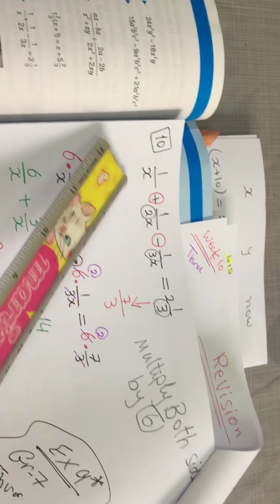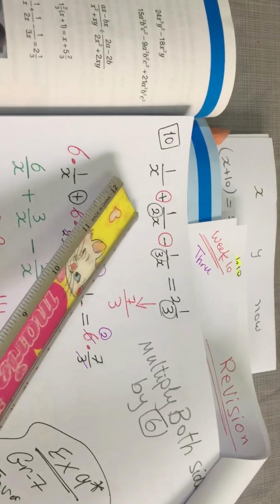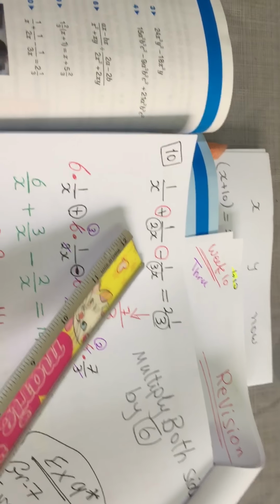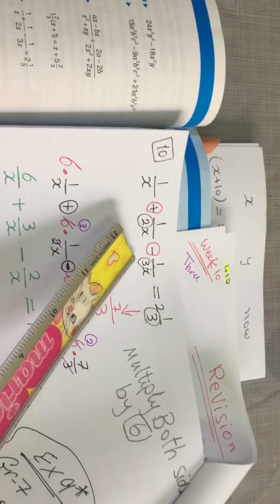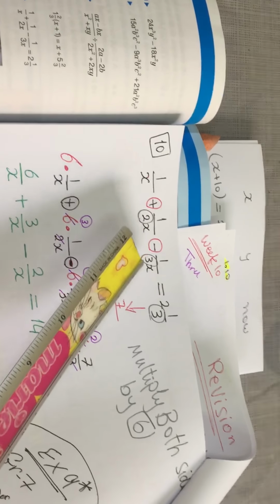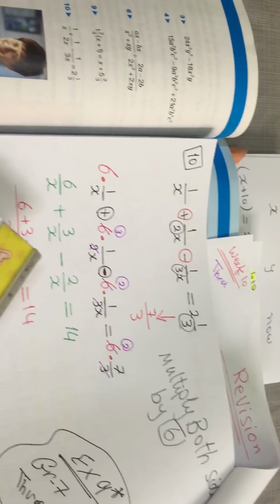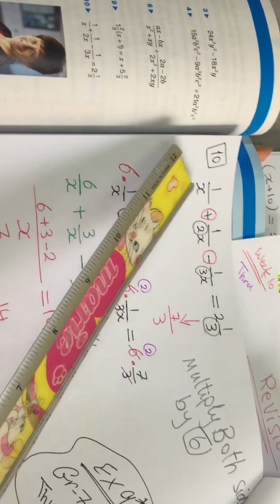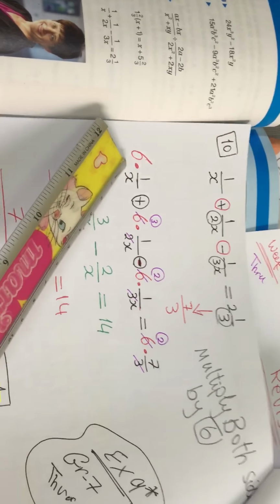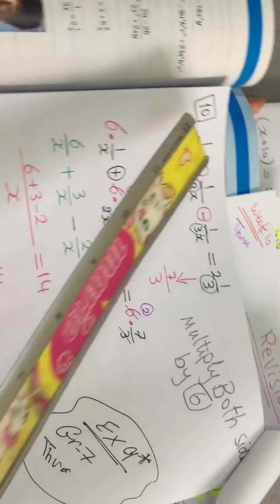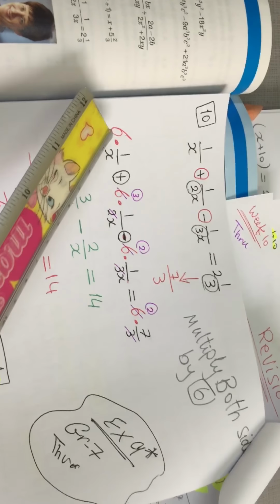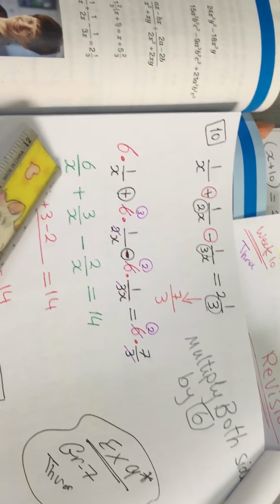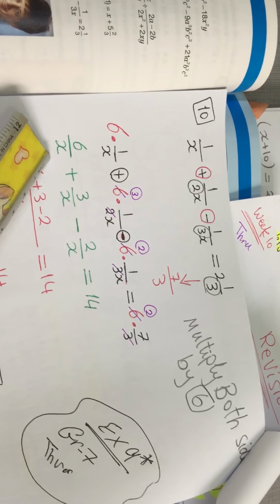Here I have x, but I have 2 and 3, so I'll just multiply by 6 to keep all the denominators with the x like this. So multiply 6 by 1 over x. I'll multiply 6 up only like this. It will be 6 over x.